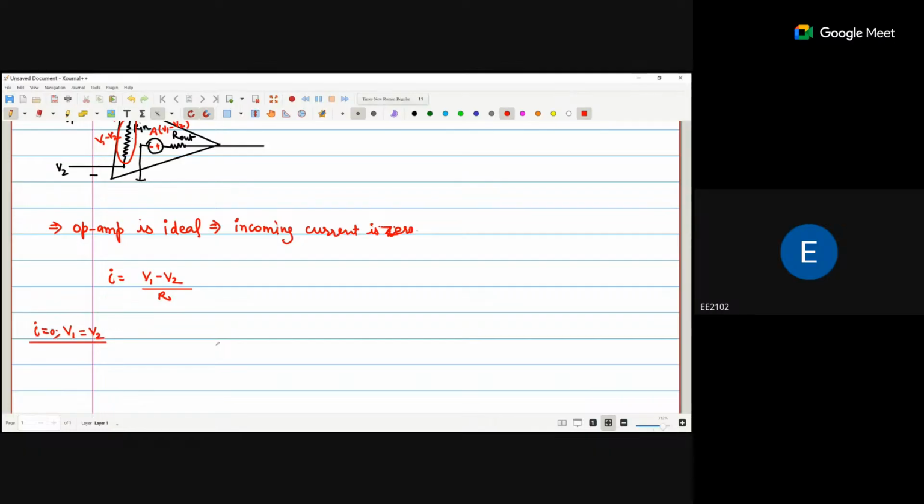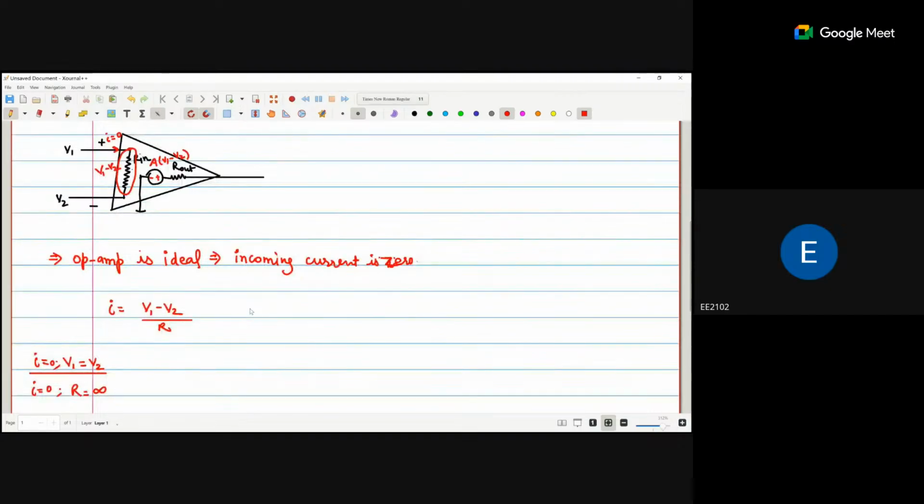And second, the current I is zero when R is infinite. Any doubt? No, sir. Okay.